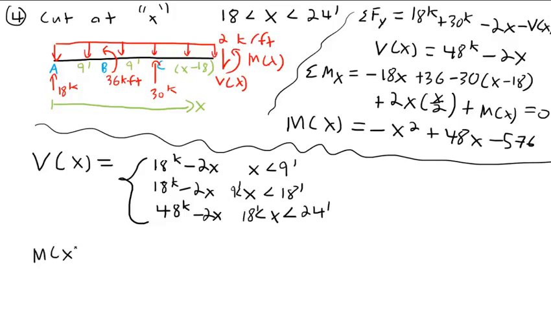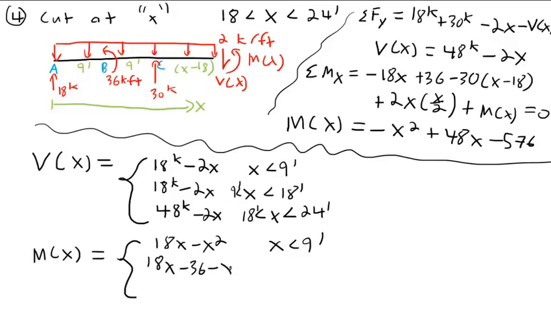Then m as a function of x is also a piecewise function. And it is, let's see here. Yes, 18x minus x squared for x less than 9 feet. And then 18x minus 3x minus x squared for x between 9 and 18 feet.